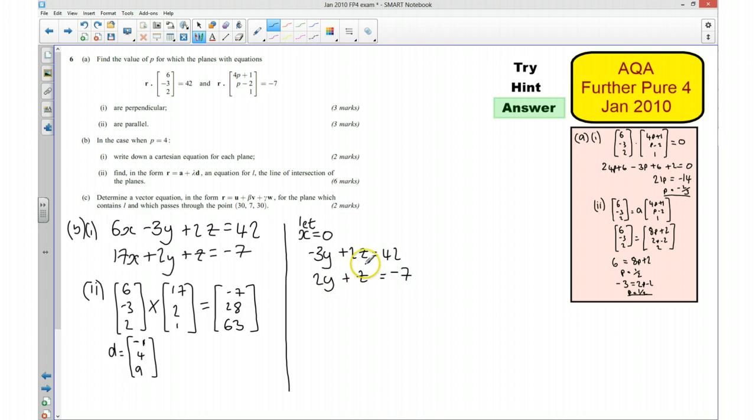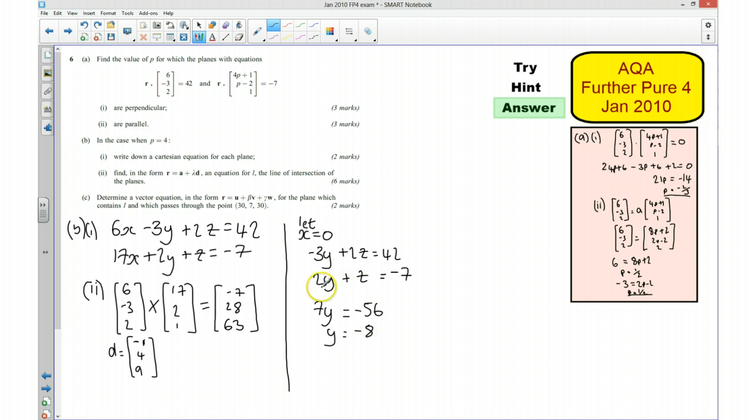So I'm going to do 2 lots of this equation, take away this equation here, and that should eliminate my z. So 2 lots of this is 4y, take away -3y gives me 7y. 2 lots of z, take away 2z is 0, and then I've got 2 lots of -7, which is -14, and I'm going to take away 42, which gives me negative 56. So that means that y is going to be equal to negative 8.